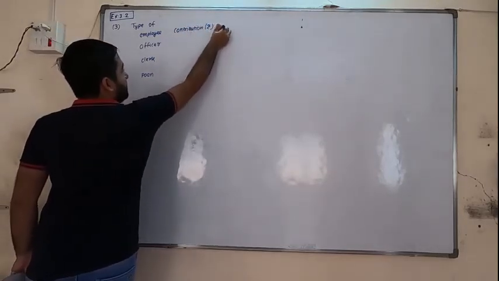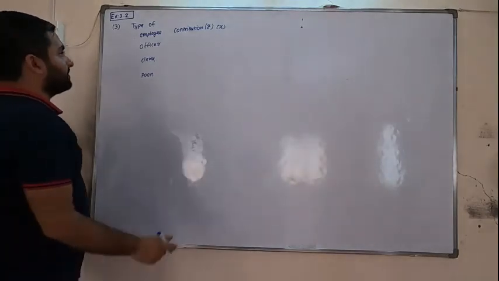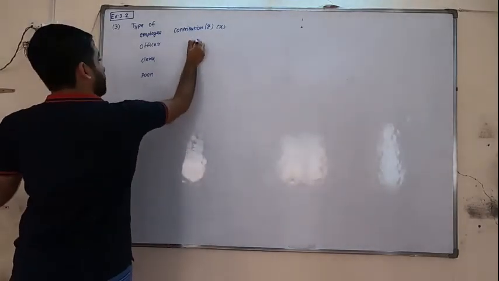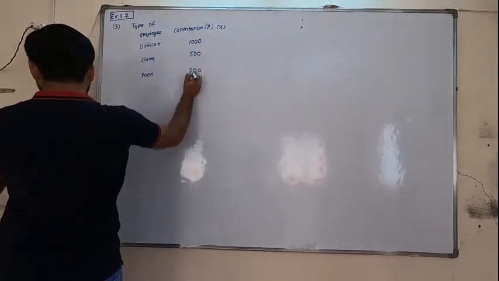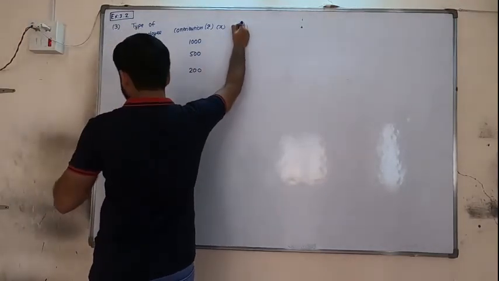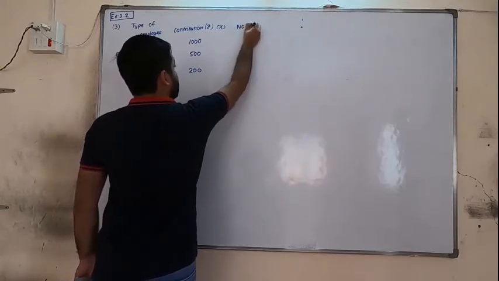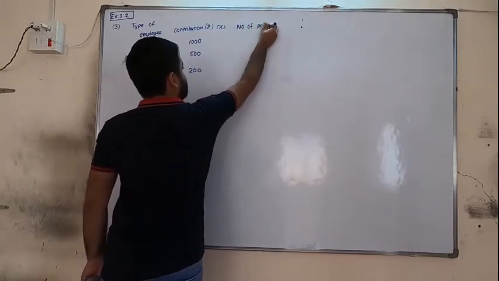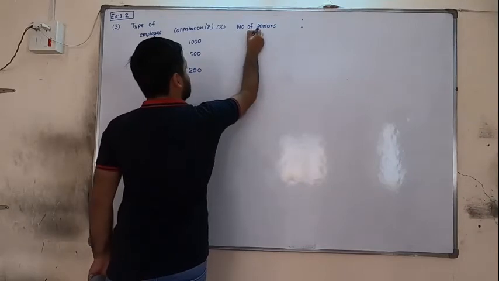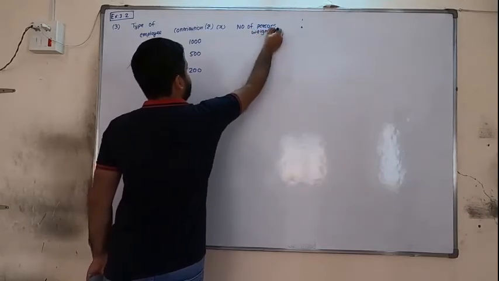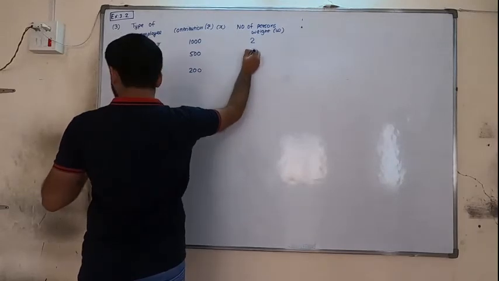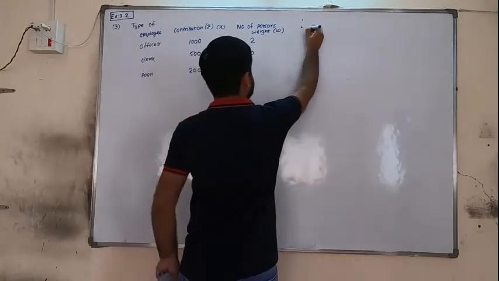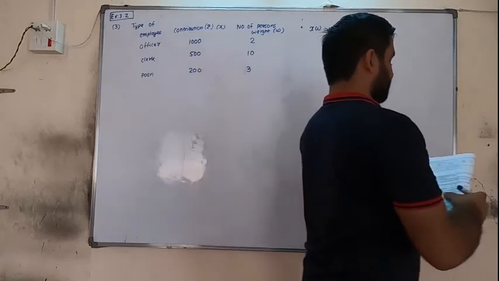Now this will become our X because we need to find mean contribution. 1000, 500, 200. Then number of persons, that is weight W. How many officers are there? There are 2 officers, 10 clerks and 3 peons.